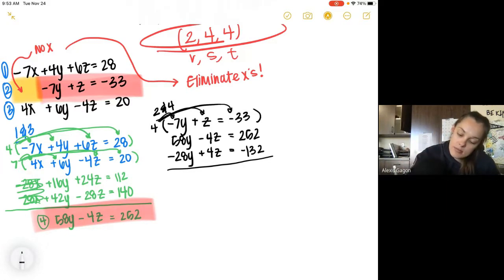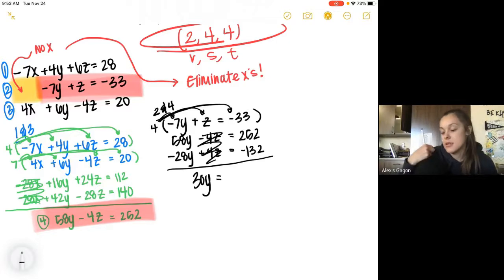Z's cancel. 58y minus 28y is 30y. 252 minus 132 is 120. Divide by 30 and we end up getting y equals 4.